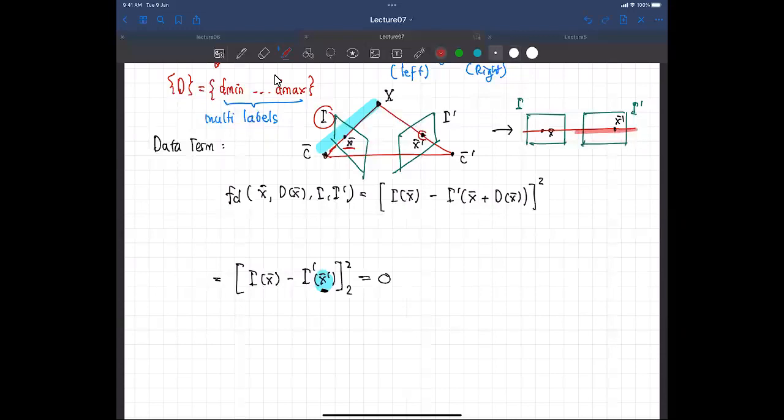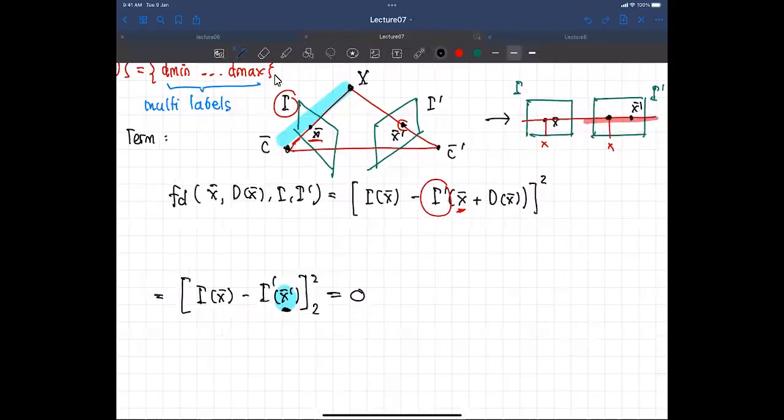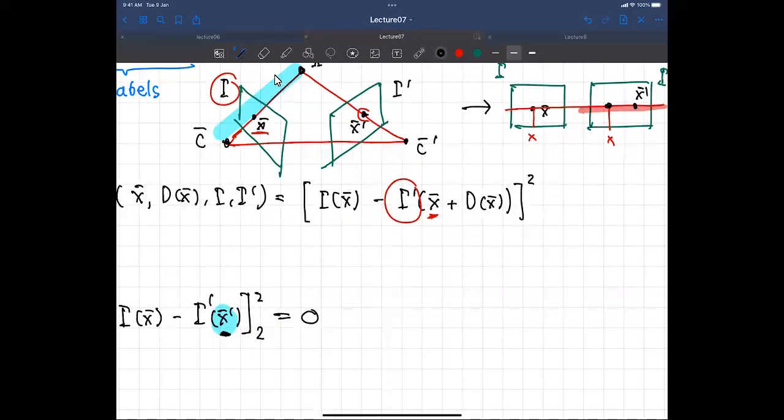And searching along the line means that we have to sum this X. So where is X in X prime, in I prime here? X means that perhaps this one is X here, so that's X is here. Okay, so we start from there. So that's the meaning. This one is the meaning of I prime X bar.